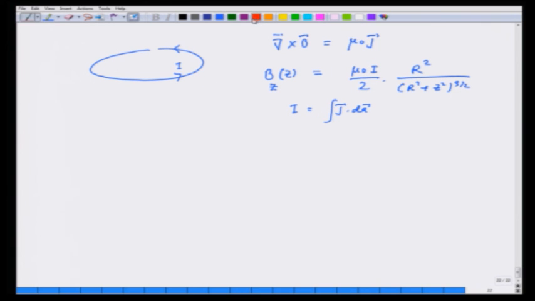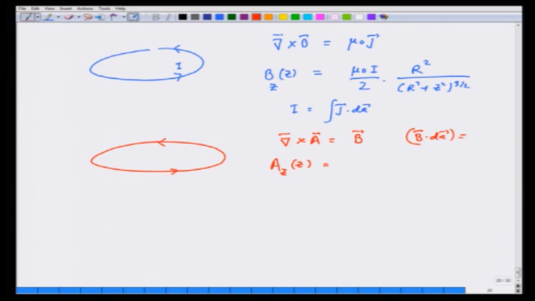Now, let us look at a similar situation for this toroid in which there is this B field going around and I have del cross A equals B. So, I can write that A should be in the z direction as a function of z on the axis and it should be, there is no mu 0, I will be replaced by now B dot dA, which is the flux.